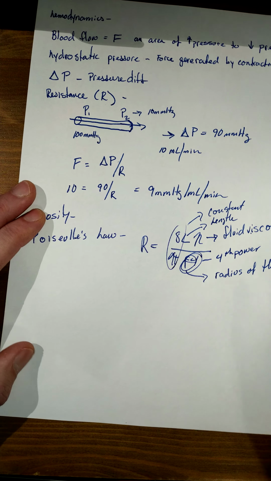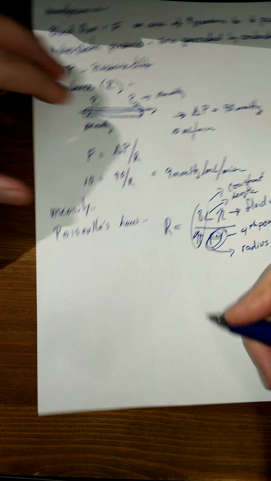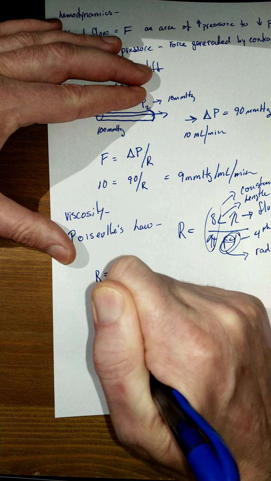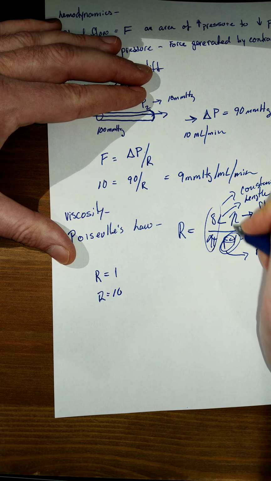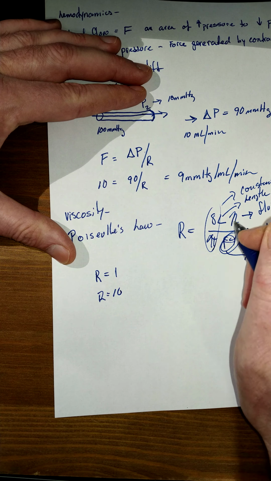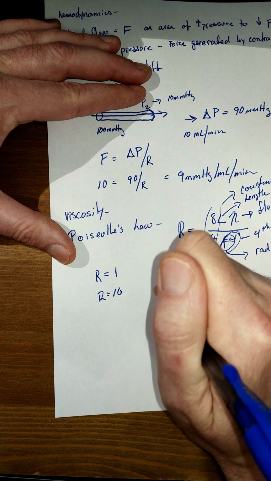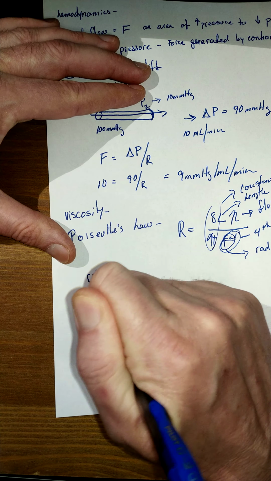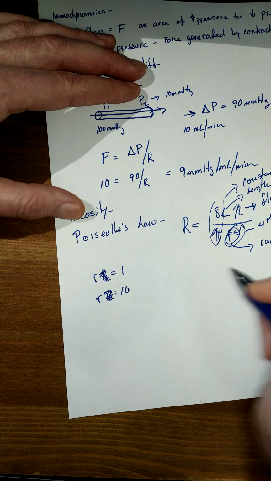So let's use the example of a radius equals 1 and a radius equals 10. I'm just going to do it this way, that way we're not confused with our resistance here.